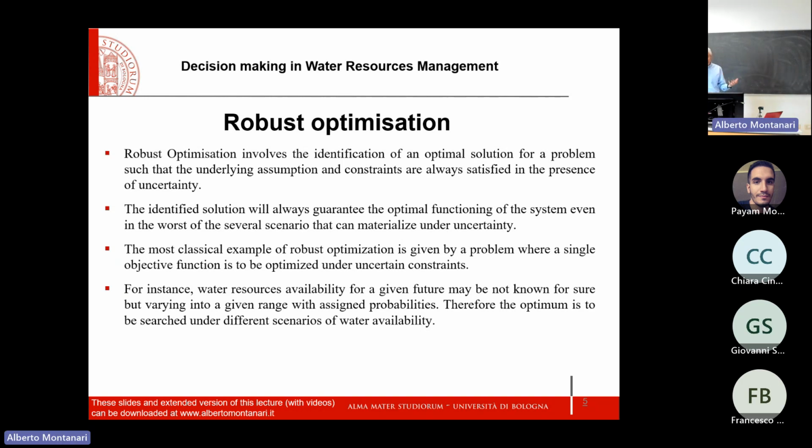And if there is uncertainty, in order to benefit from possible opportunities, we need a structured way of taking decisions in the presence of uncertainty. And this is what we call decision theory.